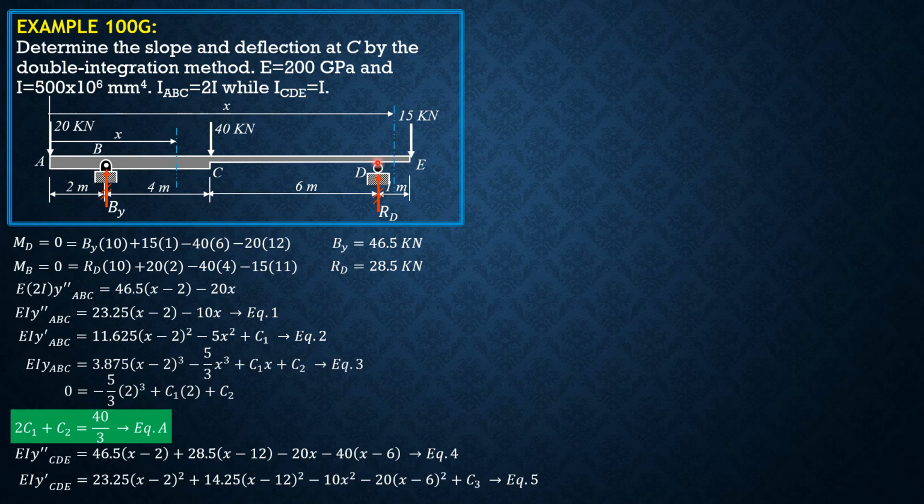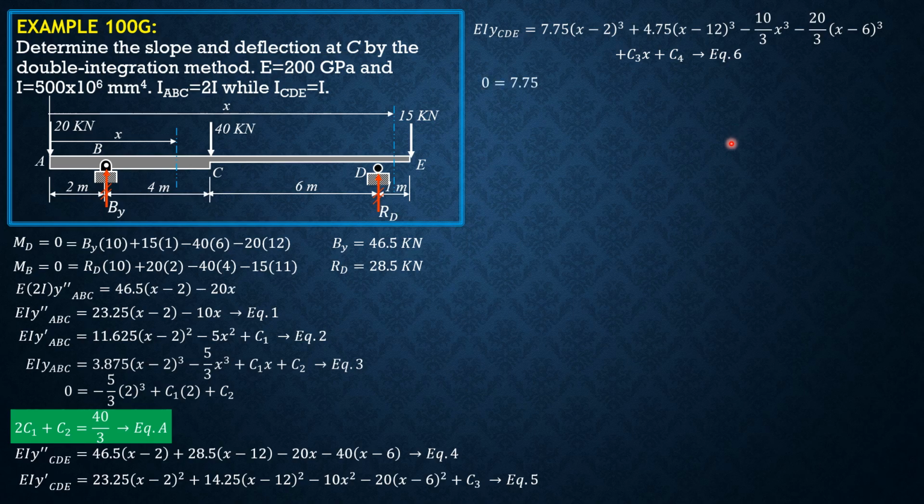At D, only y is 0. Integrating again, 23.25 over 3 is 7.75. So x minus 2 quantity cube plus 14.25 over 3 is 4.75 x minus 12 cube minus 10 thirds x cube minus 20 over 3 x minus 6 cube plus c sub 3x plus another constant c sub 4. So call this equation 6.